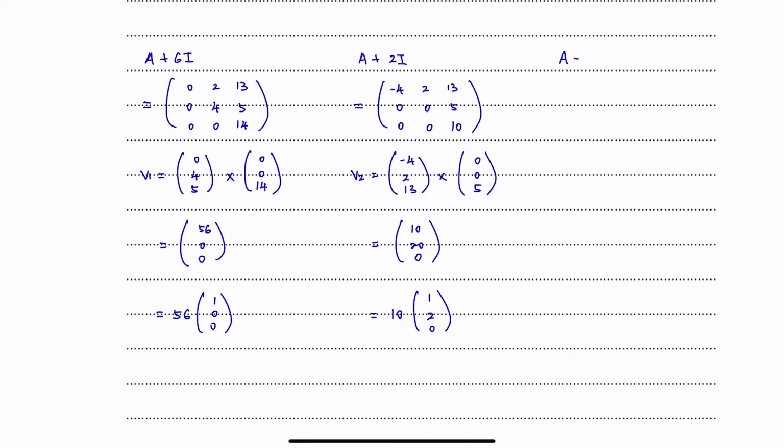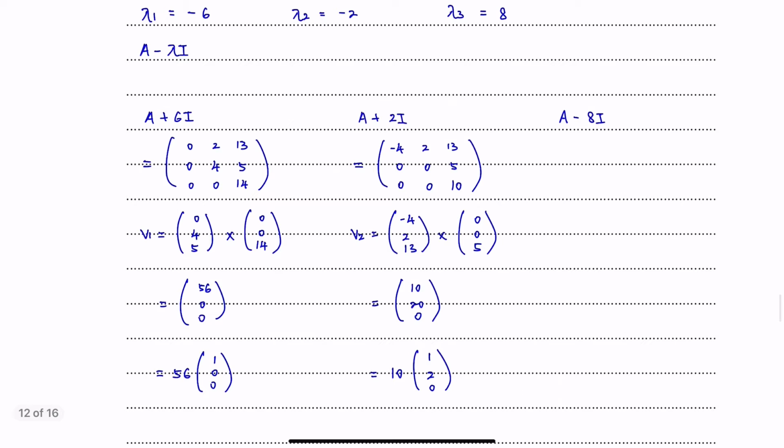For the third eigenvector, I will get A minus 8 identity. So it will be -14, 2, 13, 0, -10, 5, and 0, 0, 0.